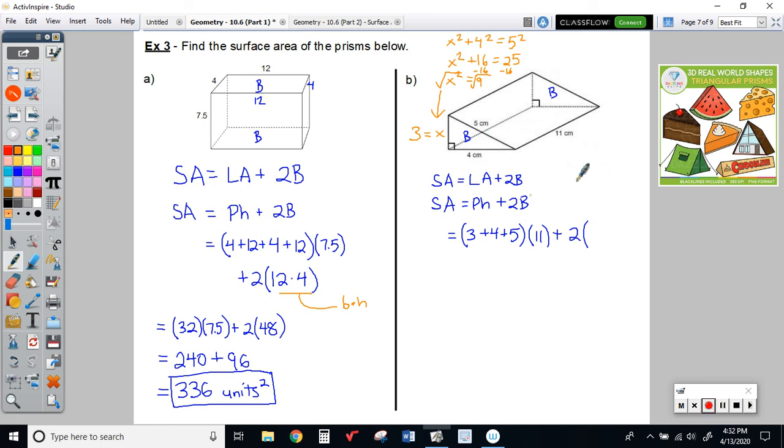That, in this case, is going to be a triangle. So you're thinking 1/2 base times height, hopefully, right here. That's where these values are coming from. So this is going to be 1/2 times the base and the height of the triangle, or the perpendicular parts of the triangle, the 4 and the 3 in this case. So 4 times 3 would be going in there. Then let's just simplify what we've got.